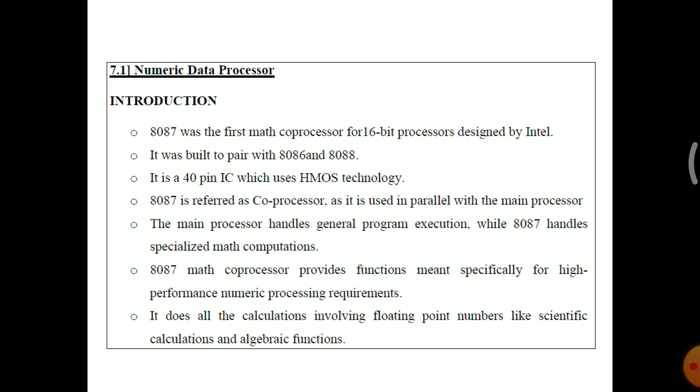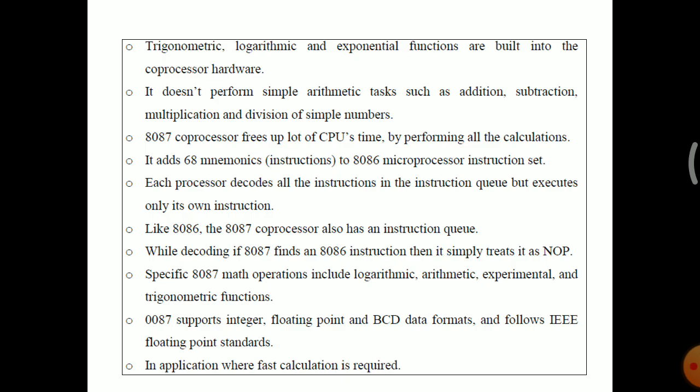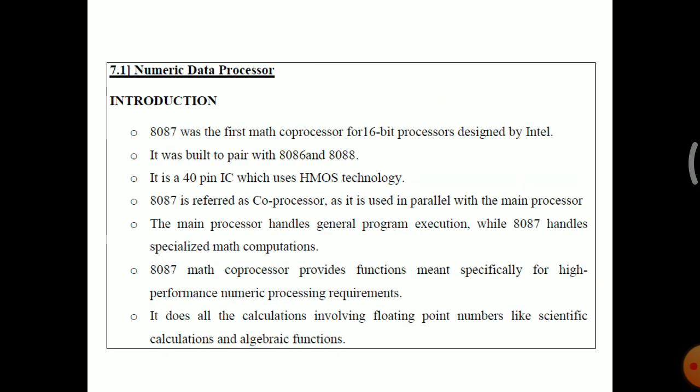So 8087 math coprocessor provides the functions meant specifically for high performing numeric processing requirements. As I said, high processing numeric functions which require very complex calculations.